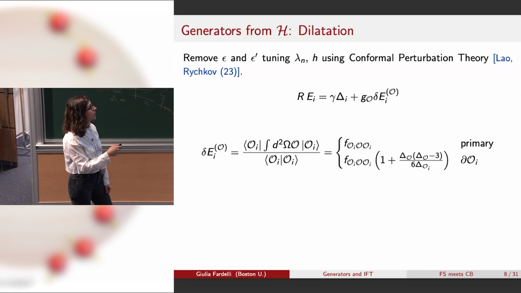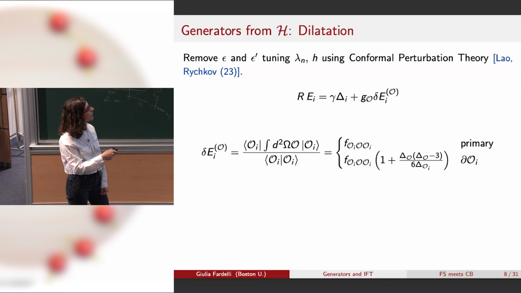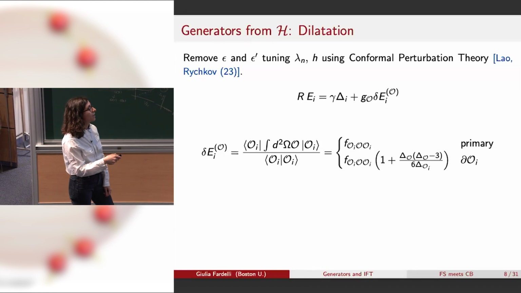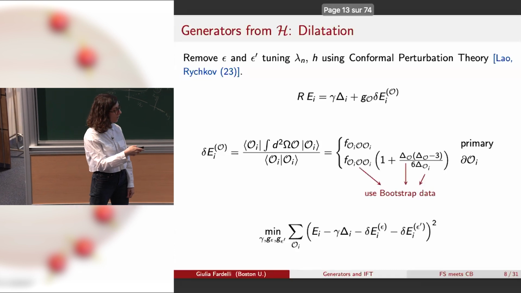And this is the expression for this correction, which notice can just be written in terms of the OPE coefficient of the operator you are perturbing by, and some other dimension depending on whether the operator you are considering is a primary or a descendant.